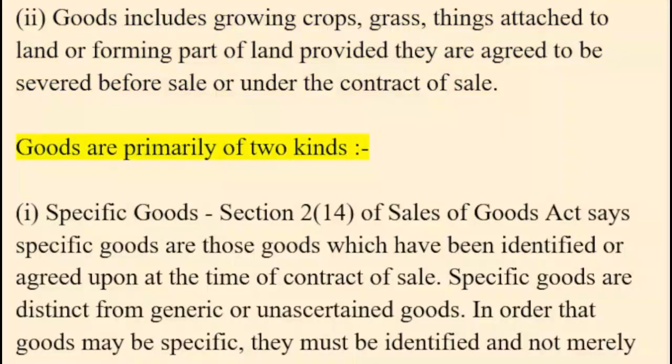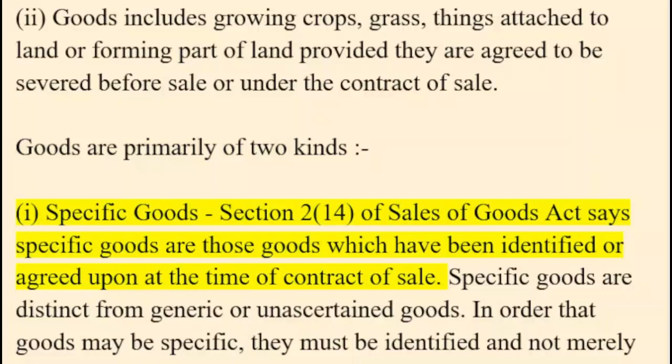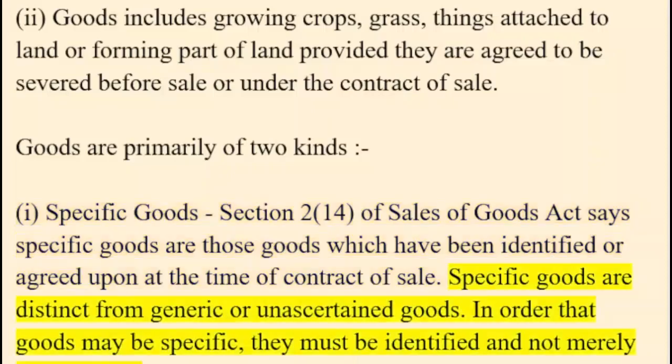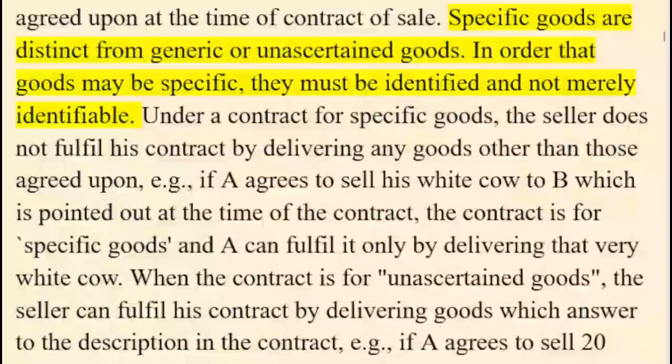Goods are primarily of two kinds. I. Specific goods. Section 2(14) of the Sale of Goods Act says specific goods are those goods which have been identified or agreed upon at the time of contract of sale. Specific goods are distinct from generic or unascertained goods.